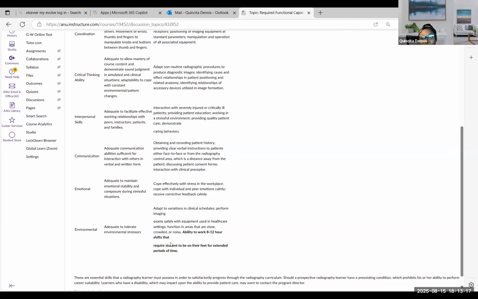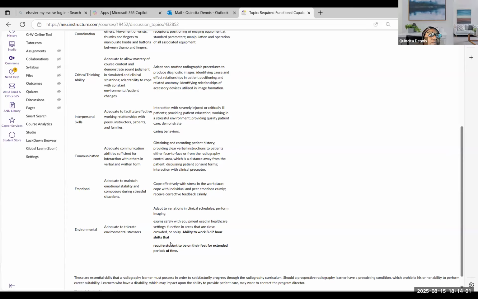All right, communication, again, adequate communication, whether it's written or verbal. Depending on how advanced our facilities are, sometimes we have to write things in charts. Sometimes we have to type things in the electronic health record, which for us is the radiology information system, where we type notes, or annotate on the patient's image, or put things in their chart to make the radiologist or other people aware of things that were going on with the patient.